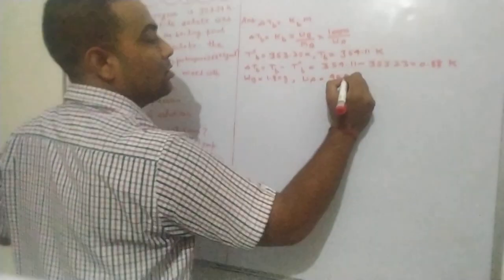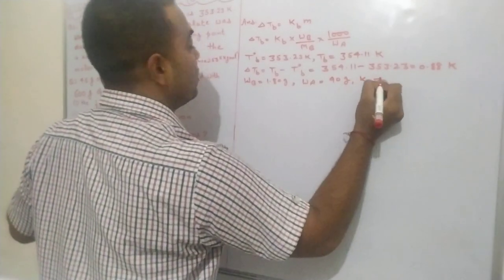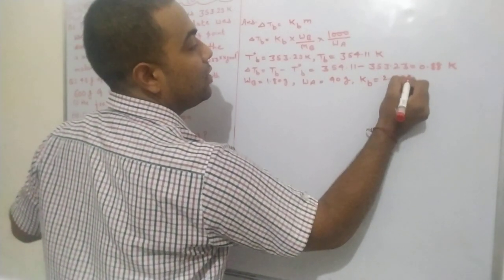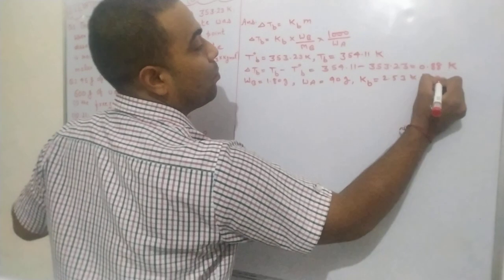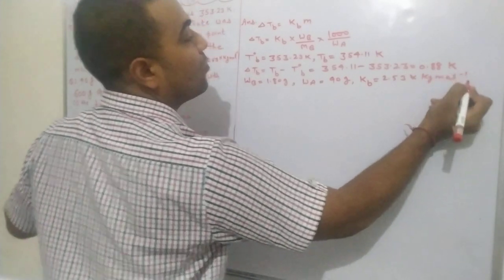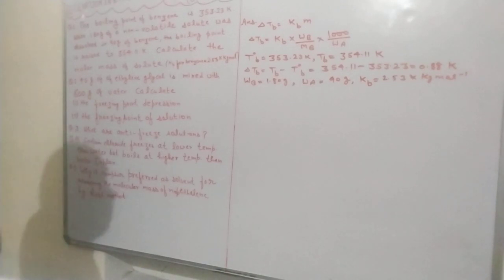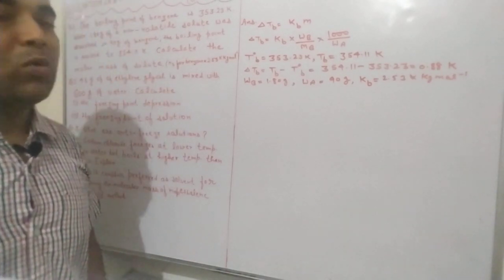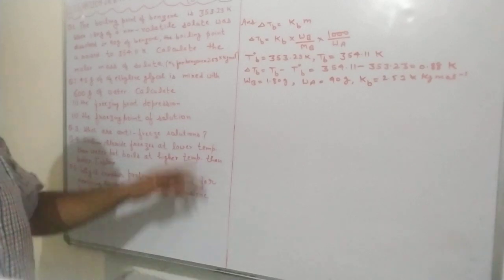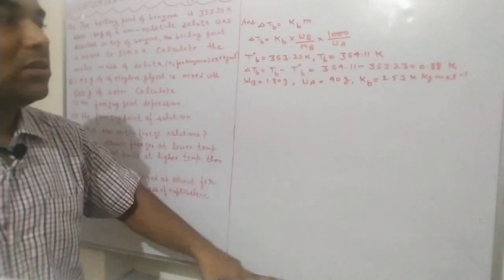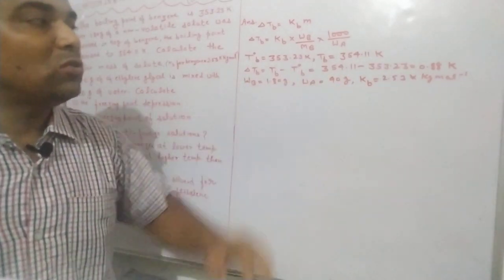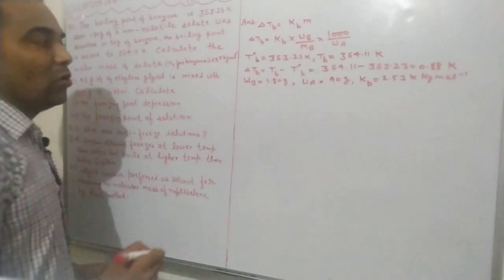Kb of benzene is 2.53 Kelvin kilogram per mole. Normally Kb value for water is fixed, and that is 0.52 Kelvin kilogram per mole, but here we are given benzene and Kb value for benzene is 2.53 Kelvin kilogram per mole.